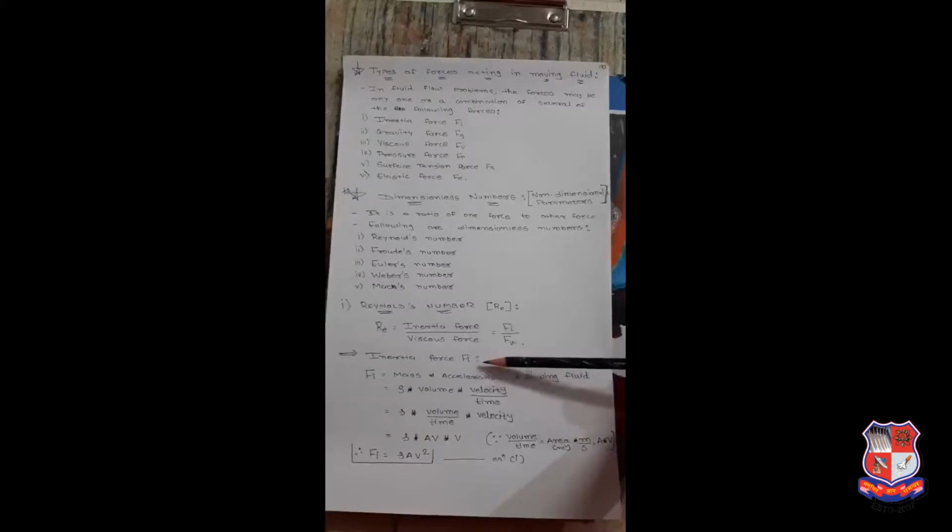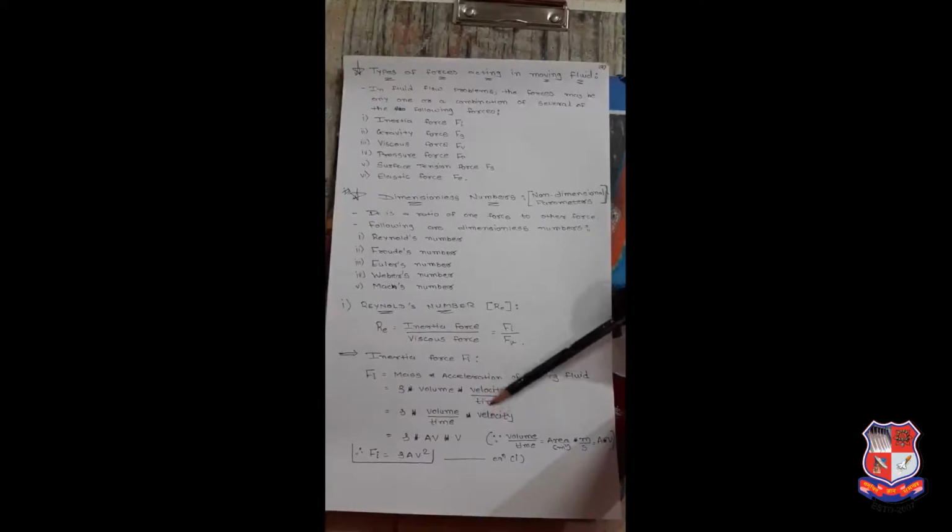Inertia force is denoted by Fi, and inertia force is nothing but mass into acceleration. For inertia force, the acceleration of the flowing fluid is taken. So mass is equal to density into volume, rho into volume, and acceleration is velocity divided by time.